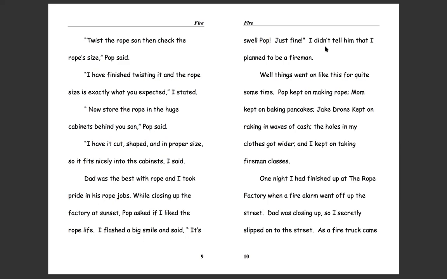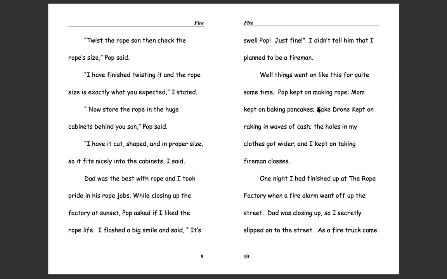I didn't tell him that I planned to be a fireman. Well, things went on like this for quite some time. Pop kept on making rope. Mom kept making pancakes.